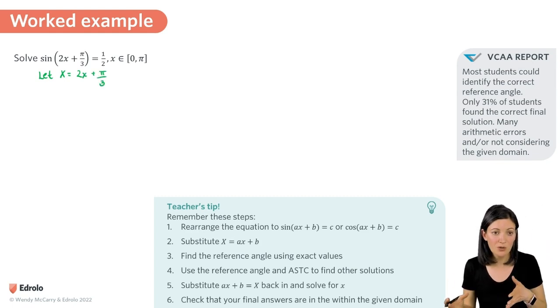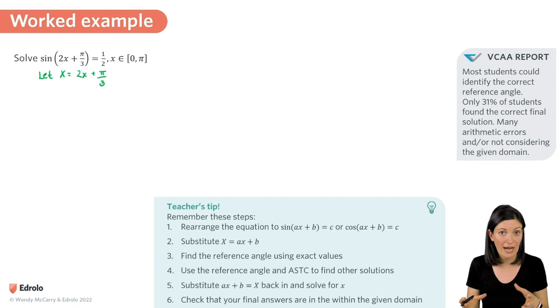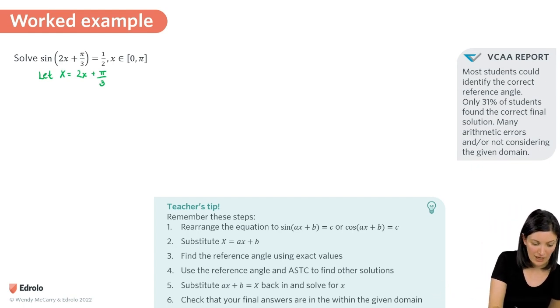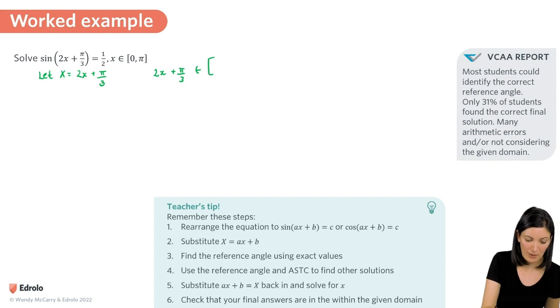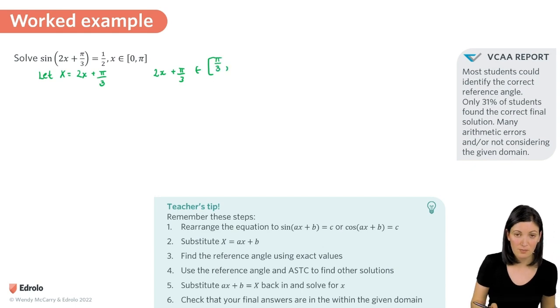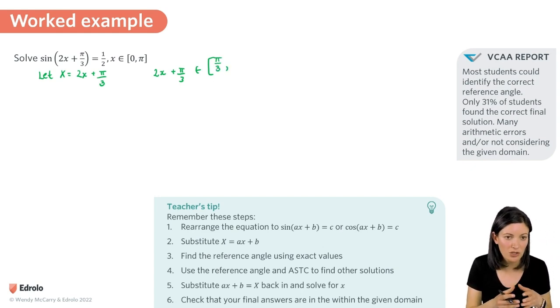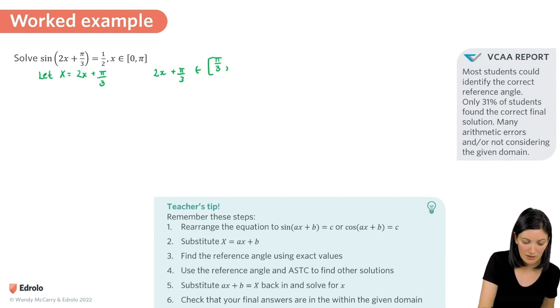Okay, and then what we should also do is consider how our domain changes with this replacement. We're now saying 2x plus pi on 3, so x, or a big X, is going to be within this domain. So it's going to be 2 times 0 plus pi on 3, so pi on 3, and then 2 times pi plus pi on 3, so 2 pi plus pi on 3.